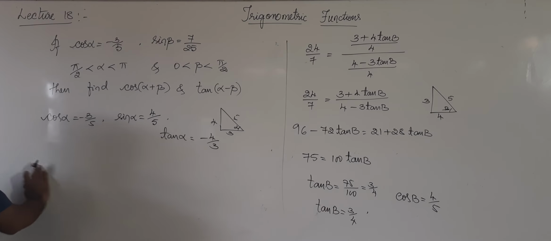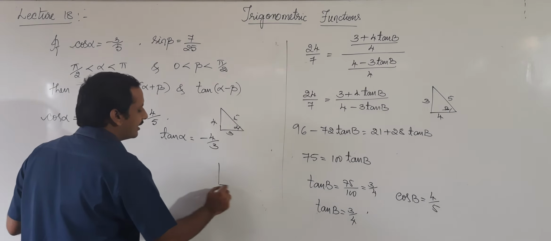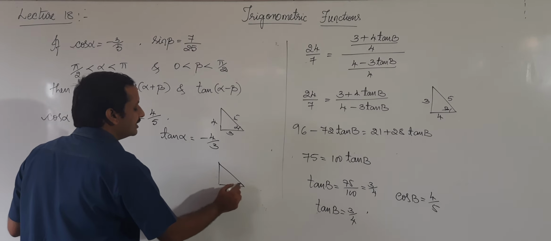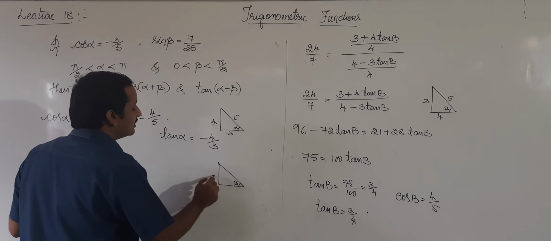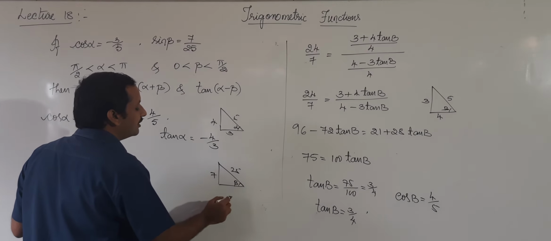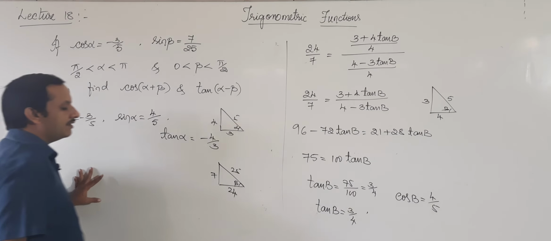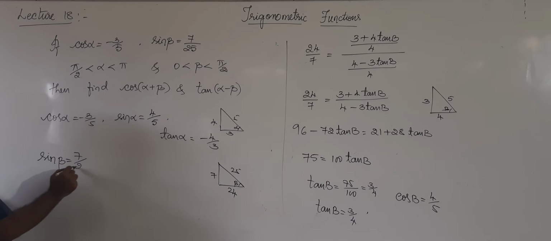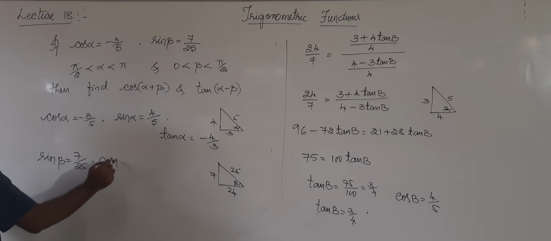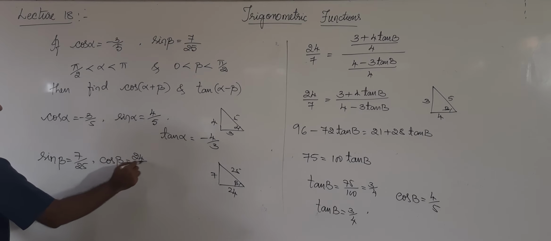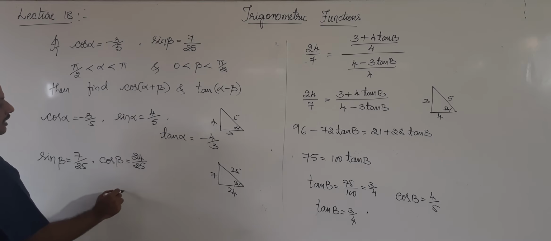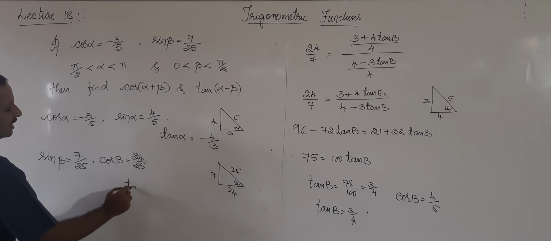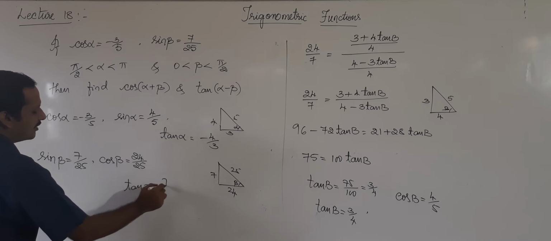After that, let me choose another right angle triangle. We will consider this angle as beta, 7 by 25. So this must be 24. They have given sin beta is equal to 7 by 25. Cos beta is equal to 24 by 25, and tan beta is equal to 7 by 24.